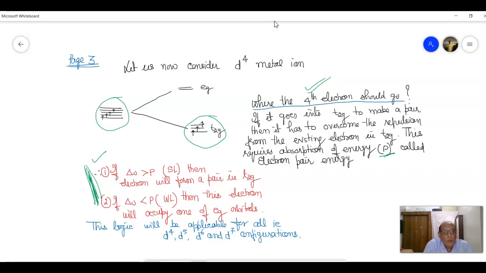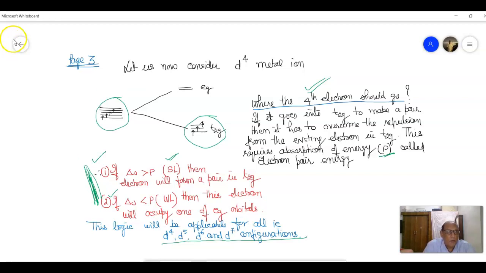First, if delta O is more than P, it is a strong ligand field. Then obviously the electron will form a pair in t2g. But if delta O is less than P, means the field is weak, the complex consists of weak ligands, then this electron will occupy one of the eg orbitals. This logic will be applicable for d4, d5, d6 and d7 configurations.